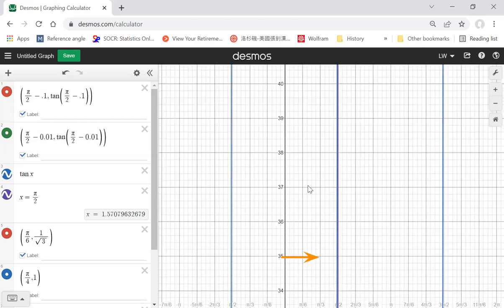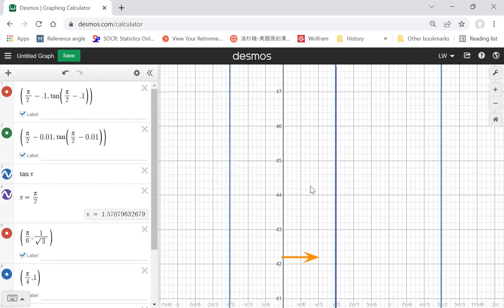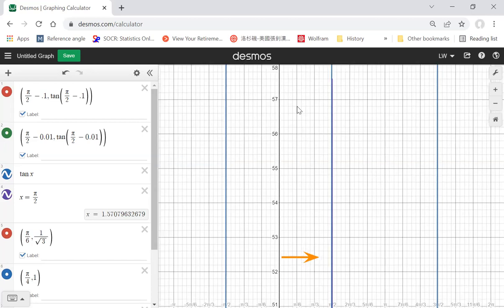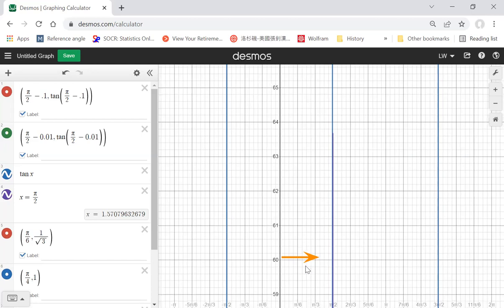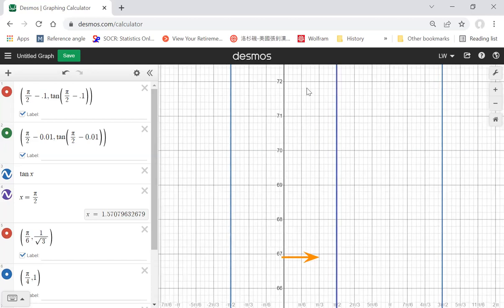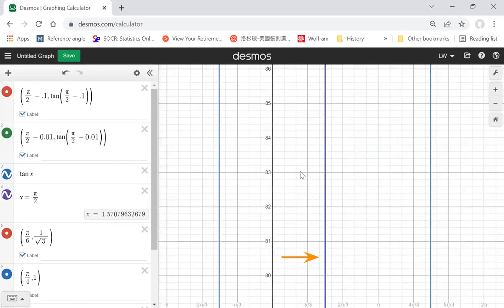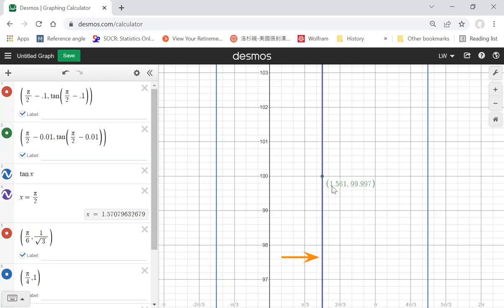They're not supposed to touch. They never touch, but it gets infinitely close to that purple line. I don't know if I can ever find it. I think we can find it because I prepared for us to see that before. Oh, this is going to be very, very high.